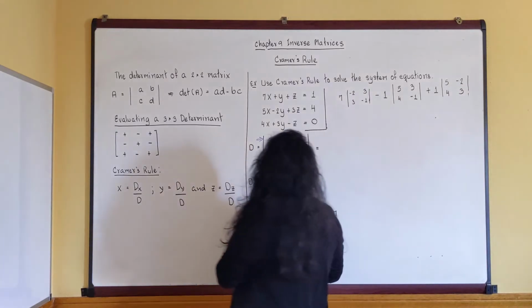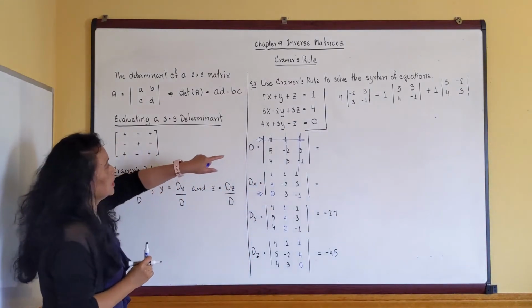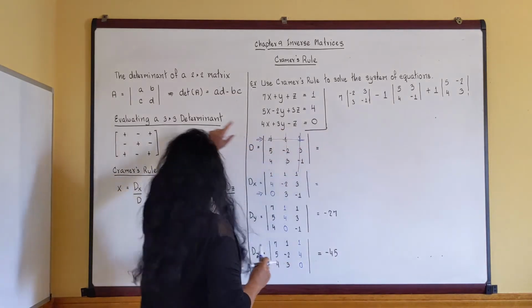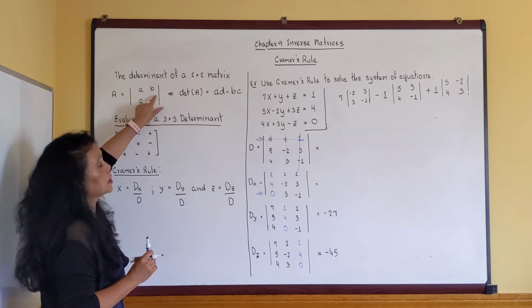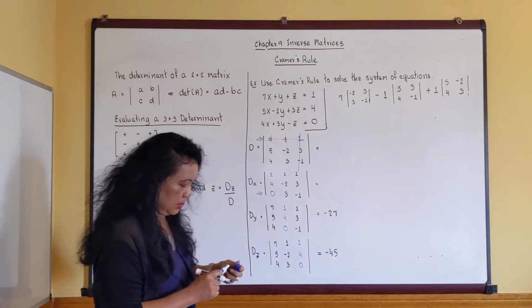By doing this, I reduce this into 2 by 2. And I'm going to use the determinant of 2 by 2, AD minus BC. So let's do that.